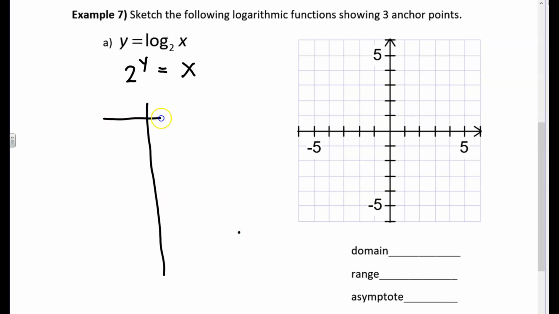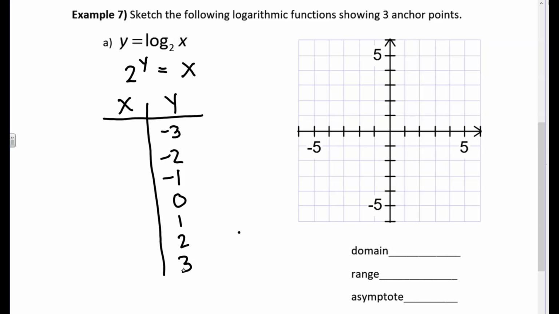And then I want you to make your table with your x and your y. But unlike what we usually do, I actually want you to plug into your y side first because it's going to be a lot easier for you. We're going to plug in -3, -2, -1, 0, 1, 2, 3.